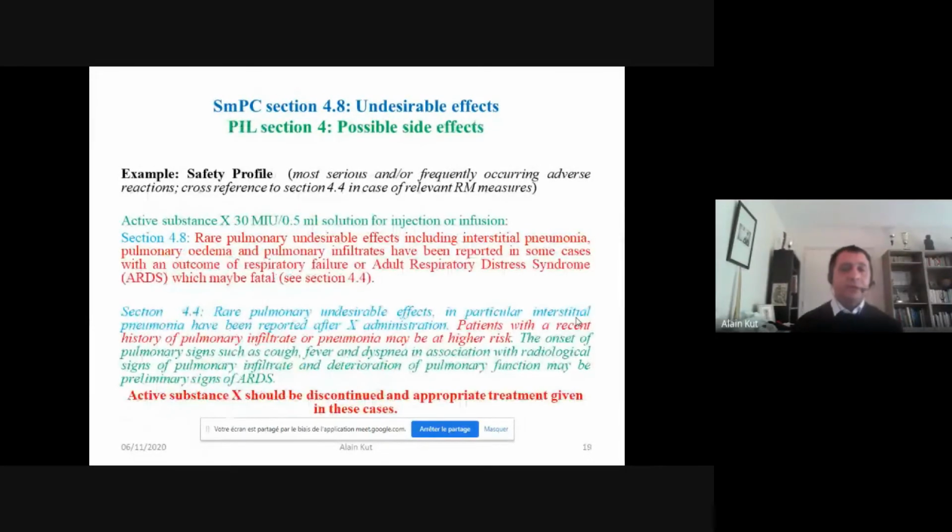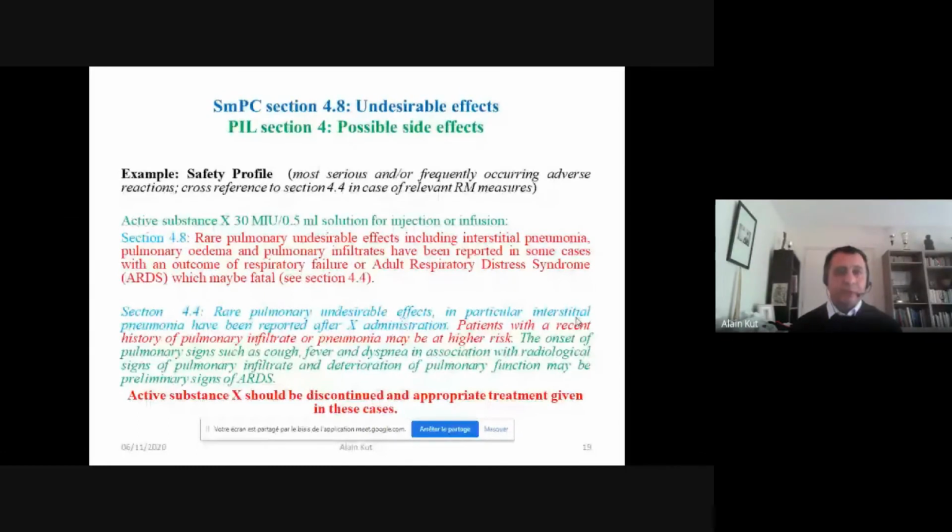An example of a safety profile regarding seriousness and frequency: here in this example we can find the relationship with 4.4 and even with risk minimization measures in the RMP, risk management plan.